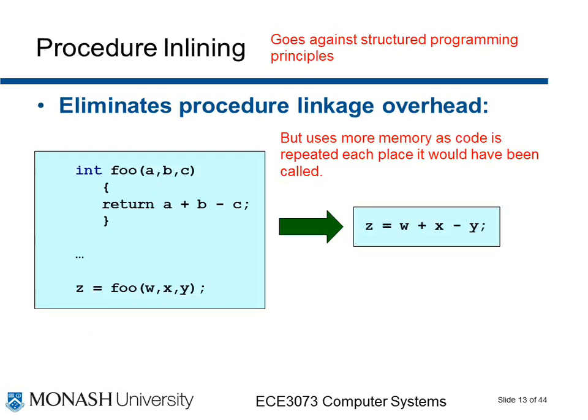Okay, procedural inlining. If you have a simple function, a plus b minus c, which you call throughout your code, you could, instead of calling the function, as a compiler, replace this foo with the function itself. So that is, again, a trivial optimization. The trade-off here is that if you call foo 500 times, then you add this extra code for foo 500 times.